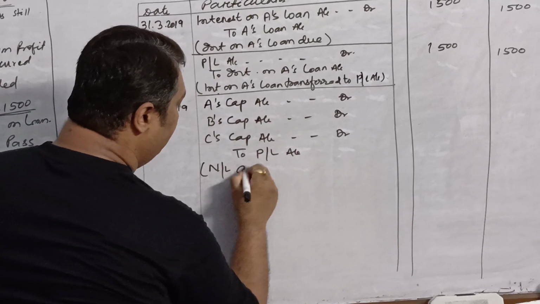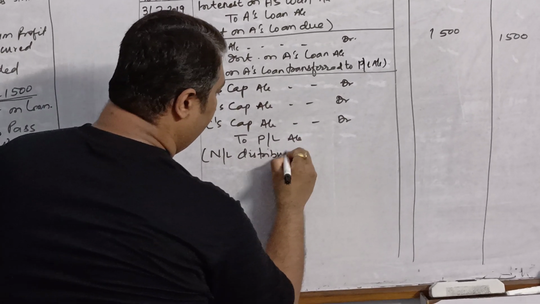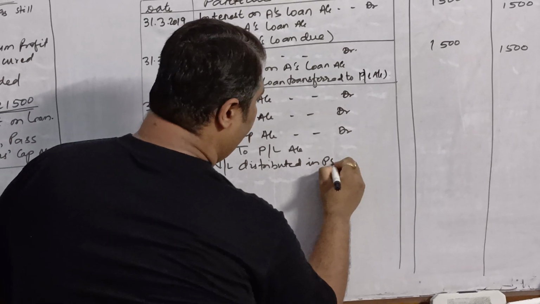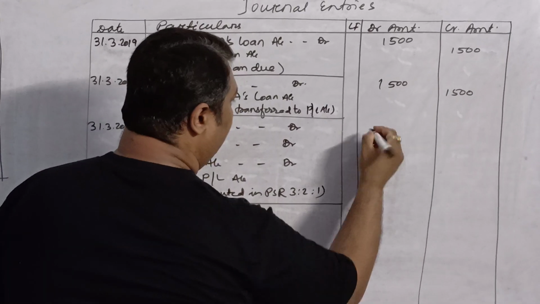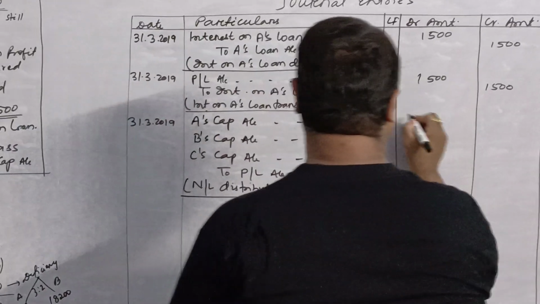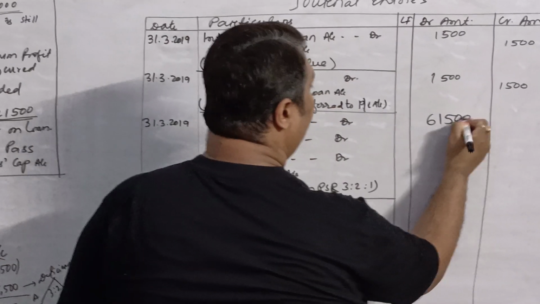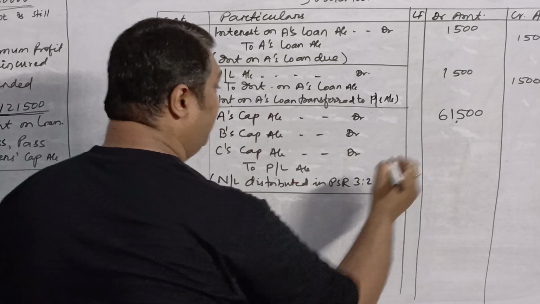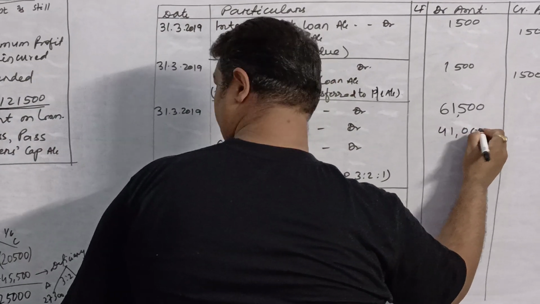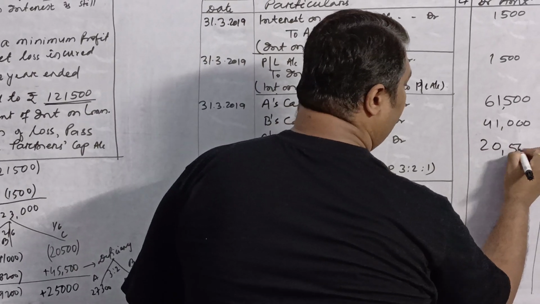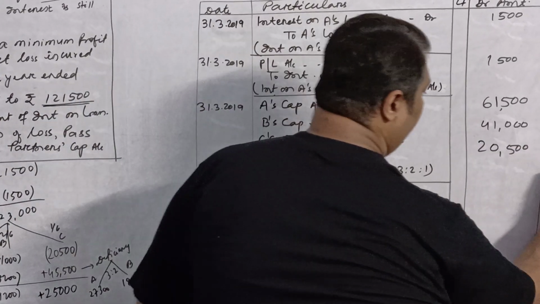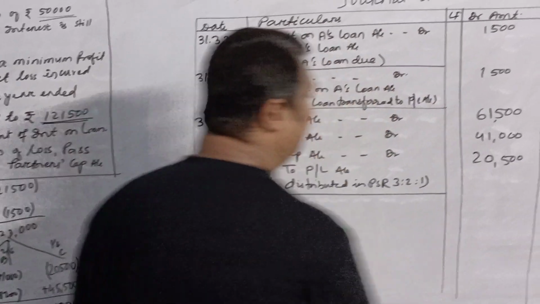Net loss distributed in profit sharing ratio 3:2:1, which will be A's share is 61,500, B's share will be 41,000 and C's share will be 20,500. The total amount of loss is 1,23,000.